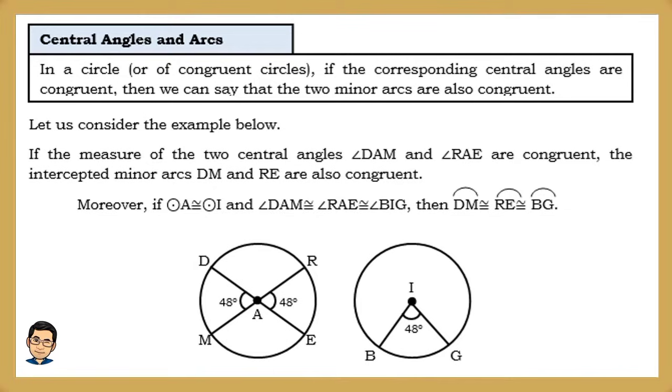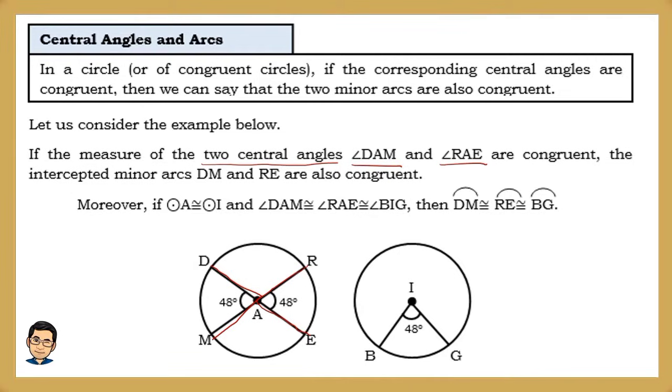So, para mas maintindihan nyo yung theorem na yan, let us consider the example below. So, if the measure of the two central angles, angle DAM and angle RAE, so yung angle DAM, ito siya, and then yung angle RAE, are congruent, then the intercepted minor arcs DM and RE are also congruent.